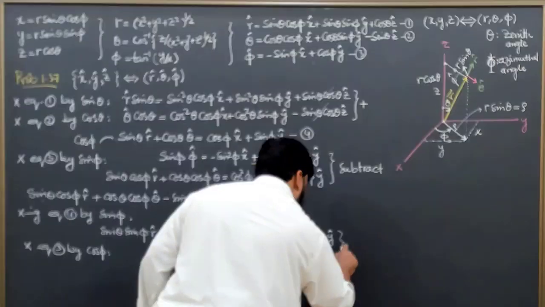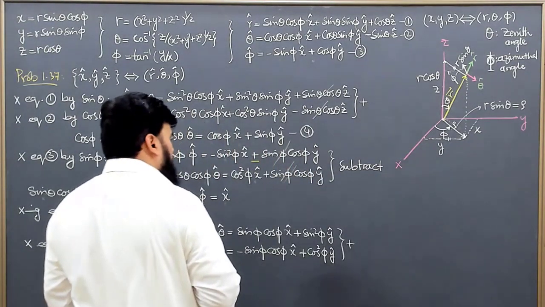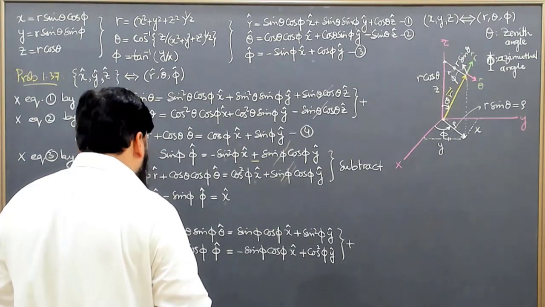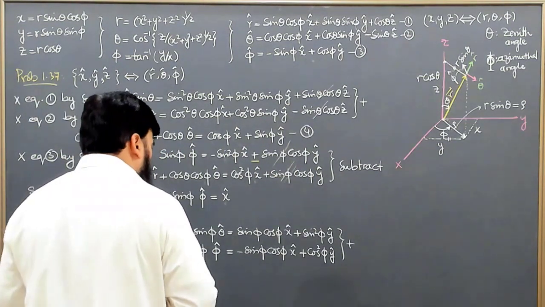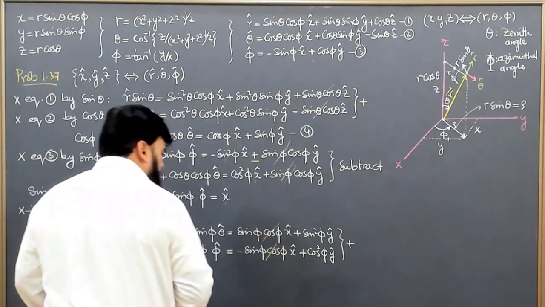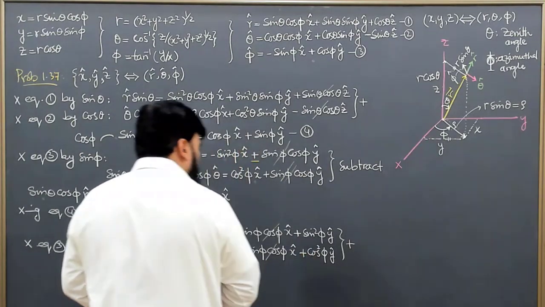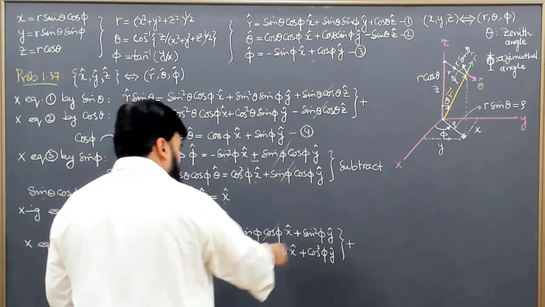And now we add these two. And now it is clearly visible that these two terms are cancelling, and sine square phi plus cos square phi will give us 1.